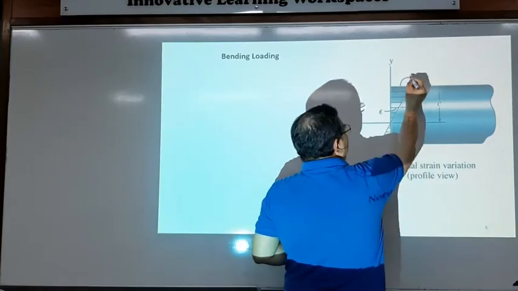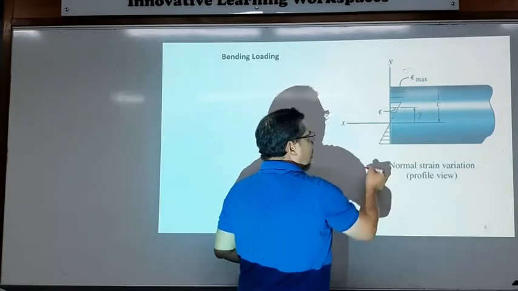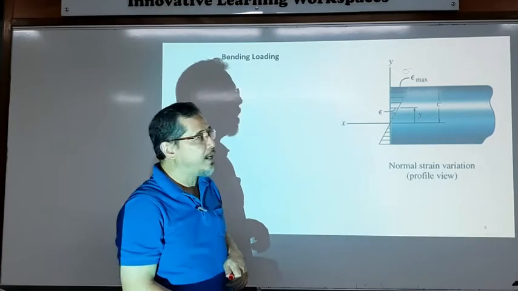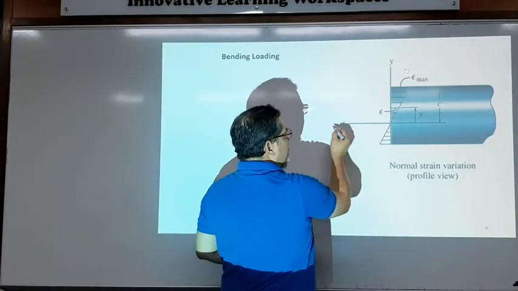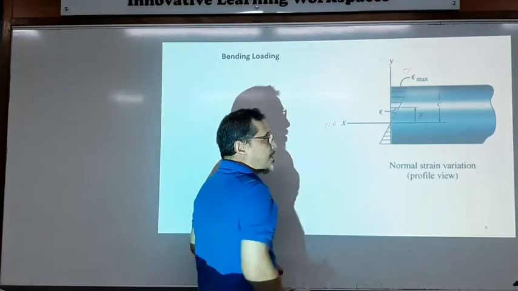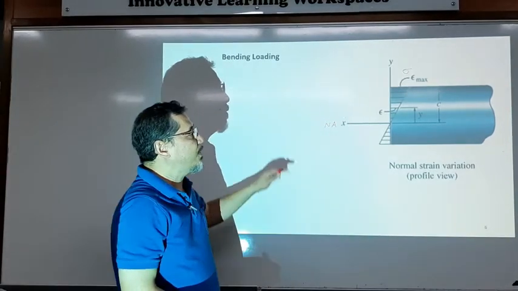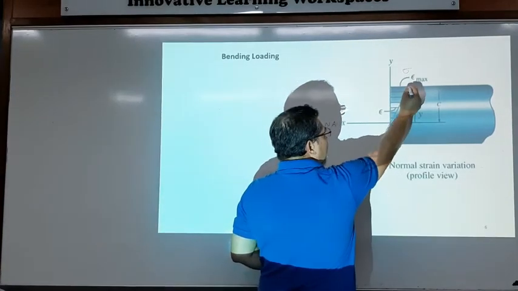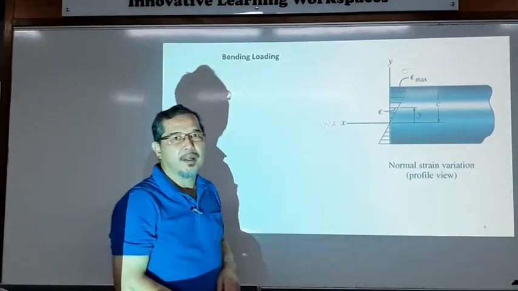Similarly, the stress will be distributed linearly as well, where here is the neutral axis. And we know that due to bending, stress at the neutral axis is 0, maximum is at the furthest point from the neutral axis.